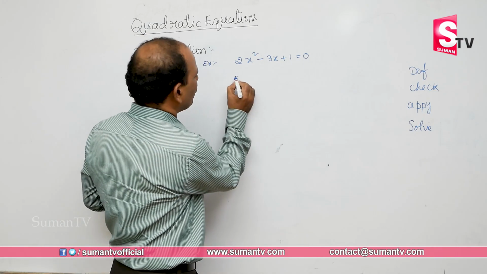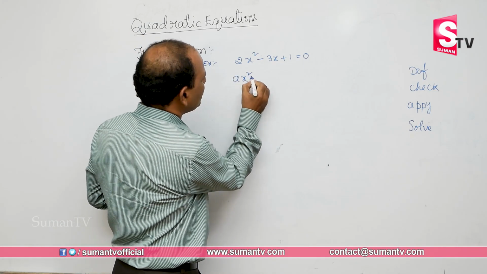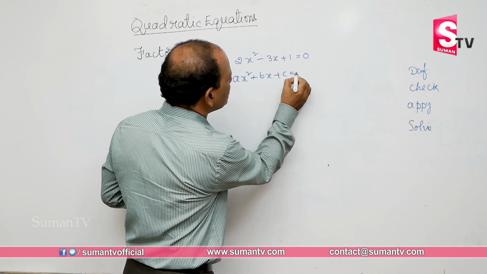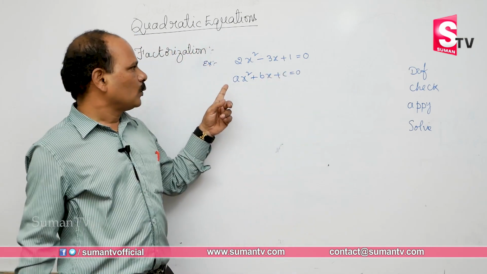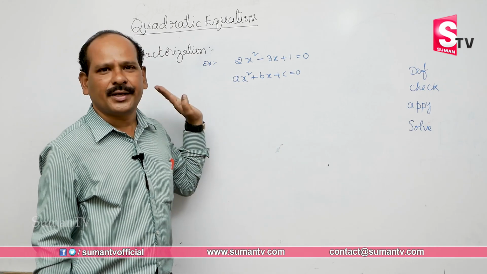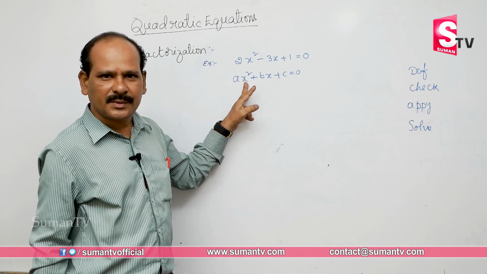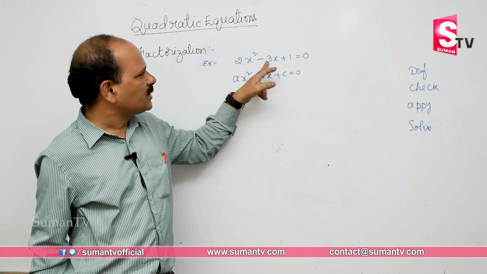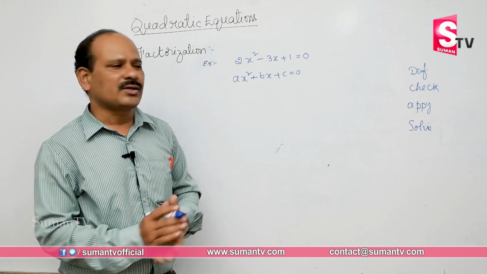This is in the form of ax square plus bx plus c is equal to 0. Now we can say it is a quadratic equation. Why? Because the x square term is there in this equation.